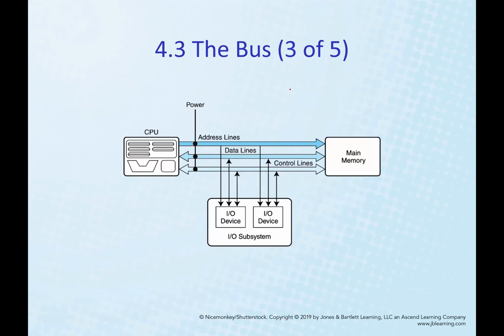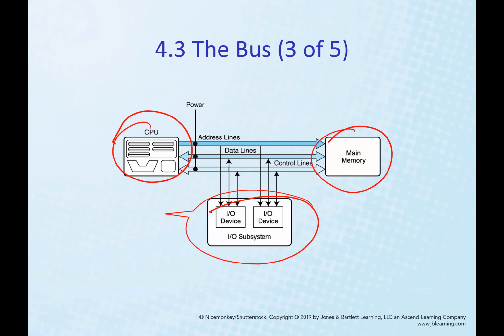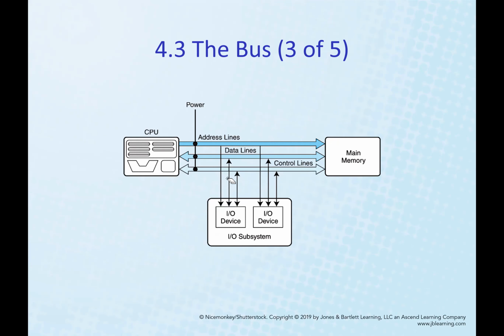Here is an example. We have CPU, we have main memory, and we have I/O devices. And if you see, we have address lines in the first group, the second group are data lines, and the third group is control lines.